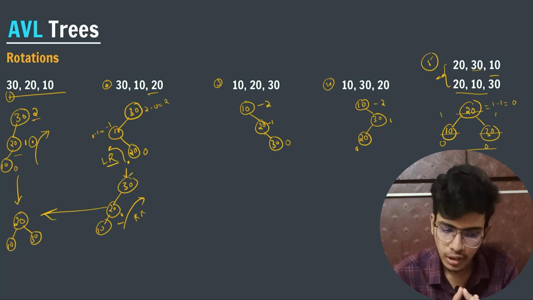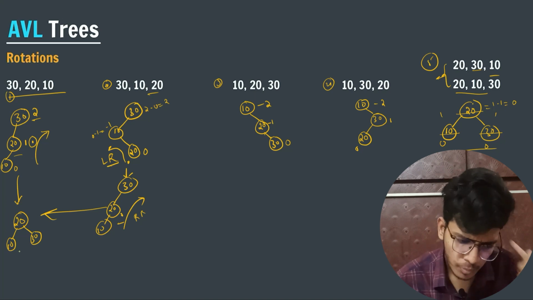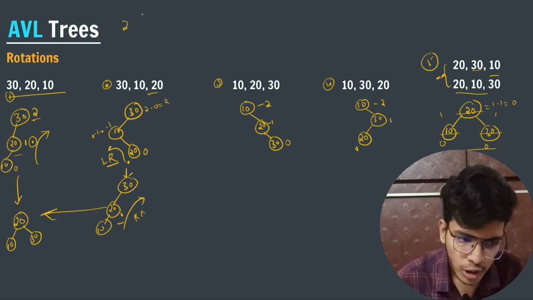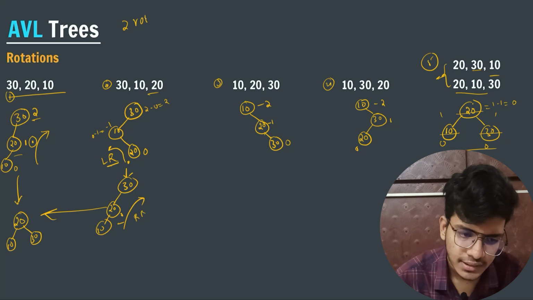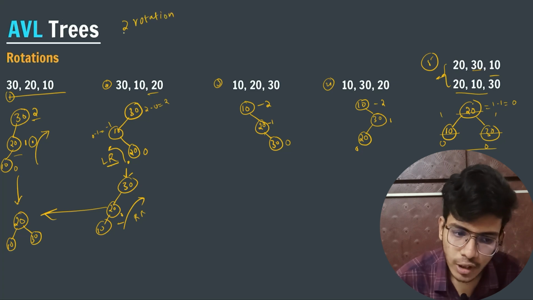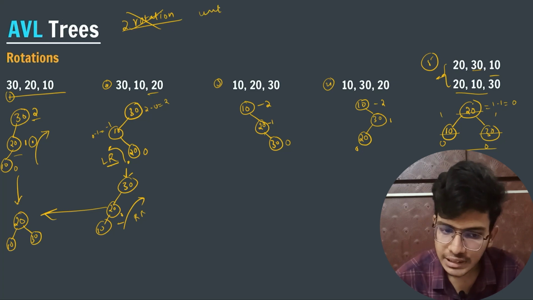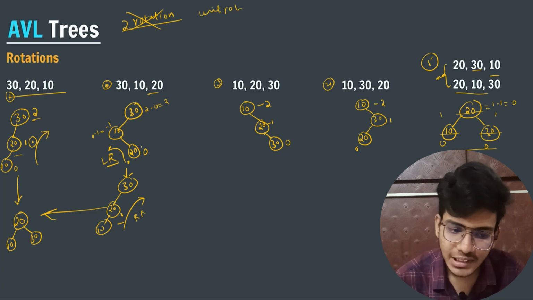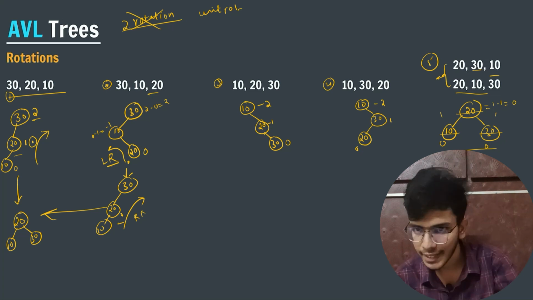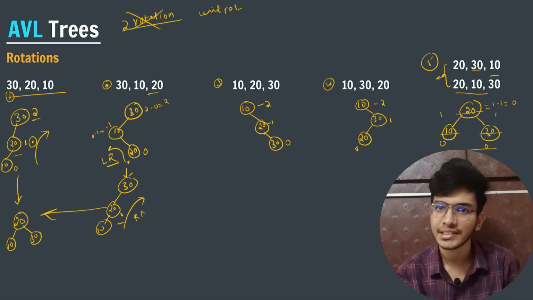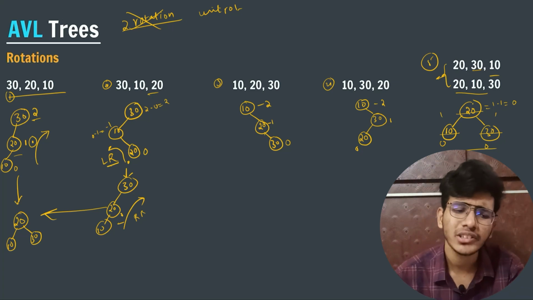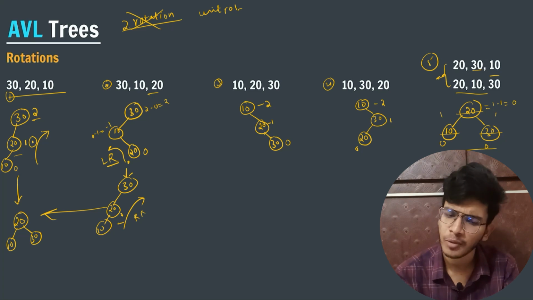Now one more thing you need to keep in mind: when we perform two rotations, we consider that as a unit rotation. We don't consider it as two separate rotations. We consider this left rotation and right rotation as a single rotation in itself. This is a concept you need to keep in mind.